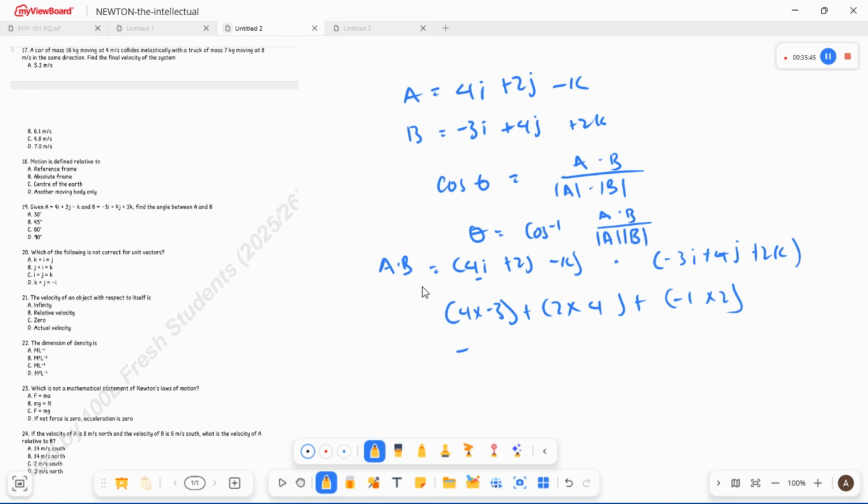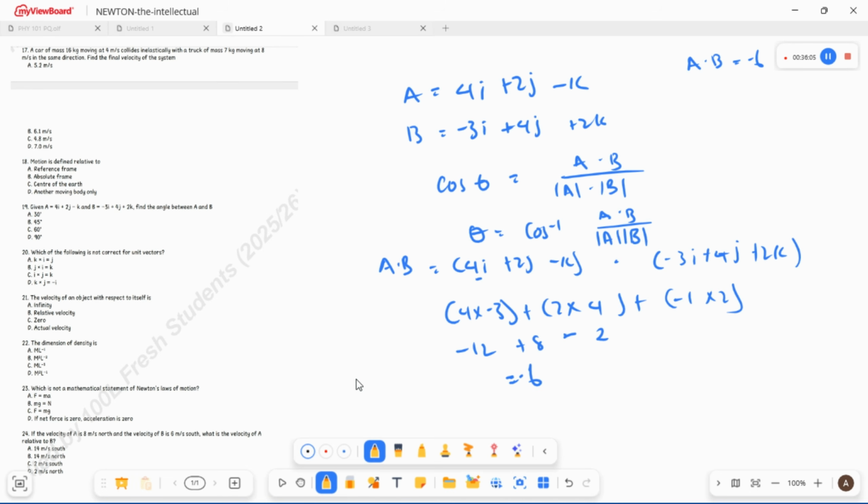So here we have minus 12 plus 8 minus 2. Minus 12 plus 8 is minus 4, minus 2 gives minus 6. So the dot product is minus 6. I'm going to put that up here.